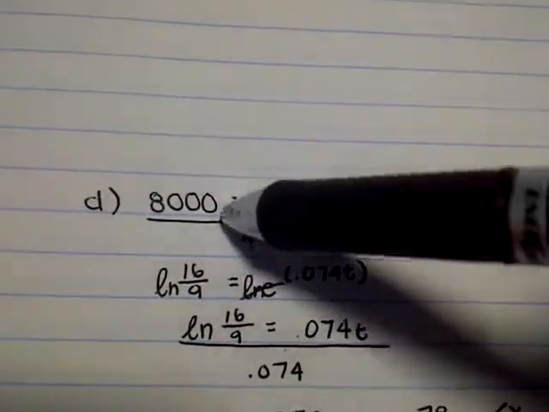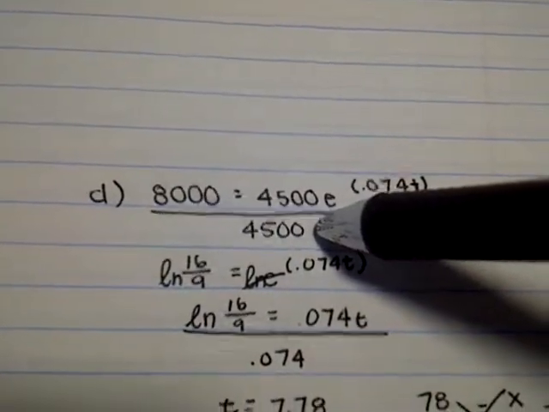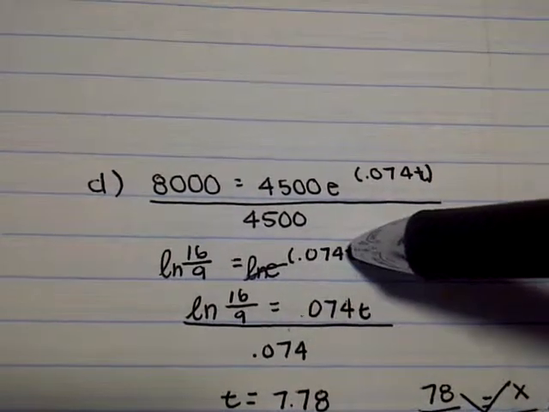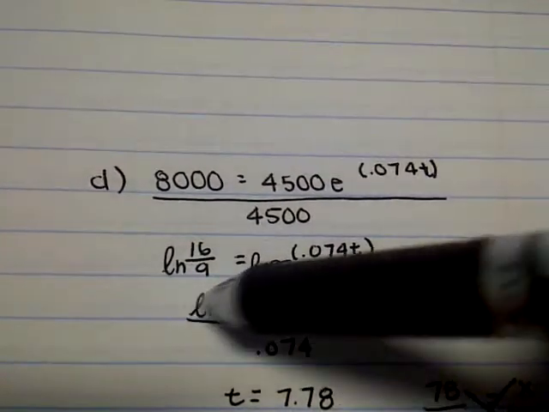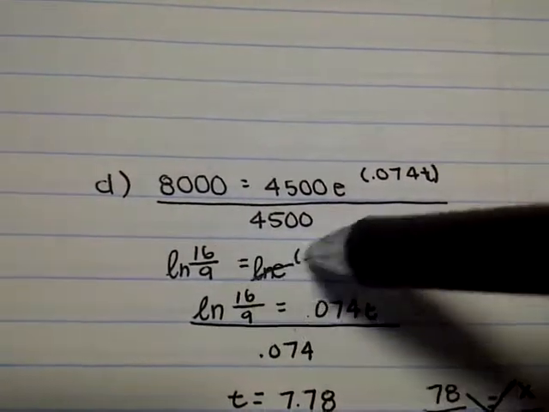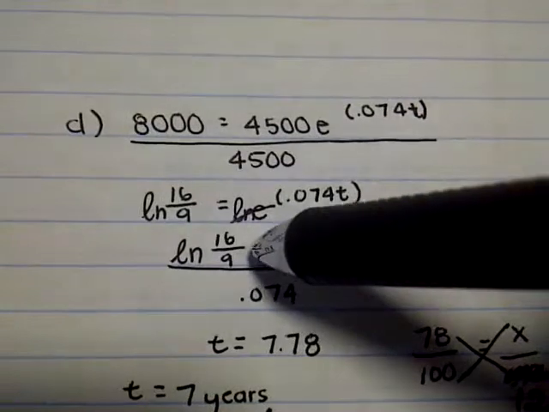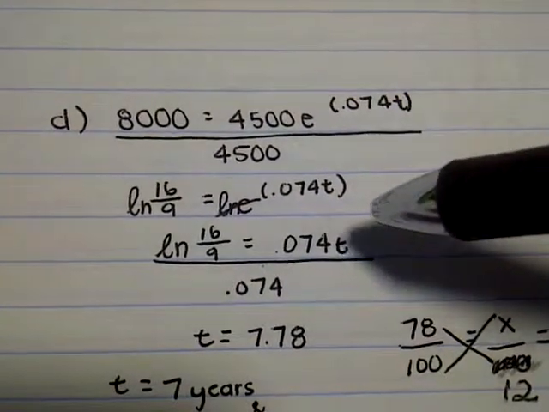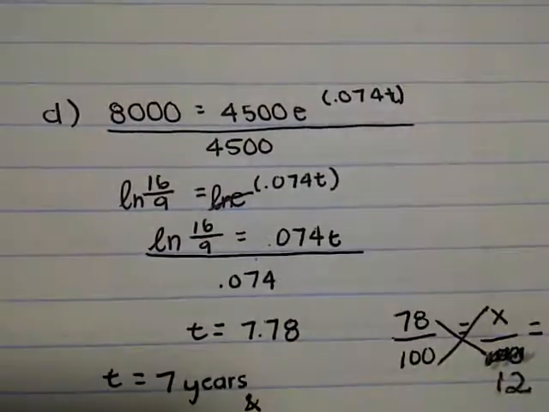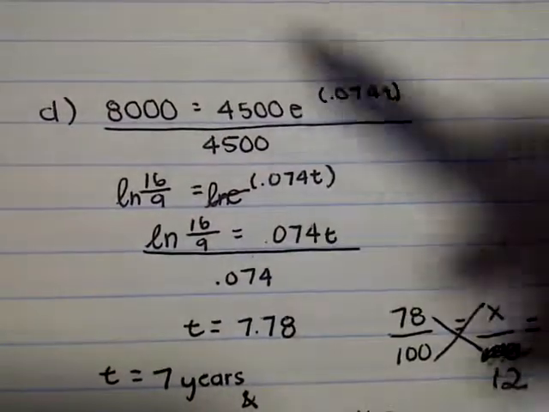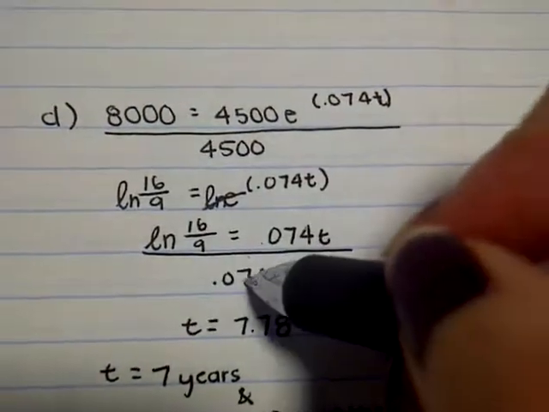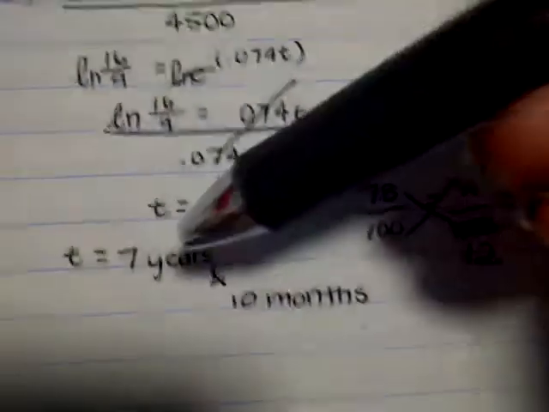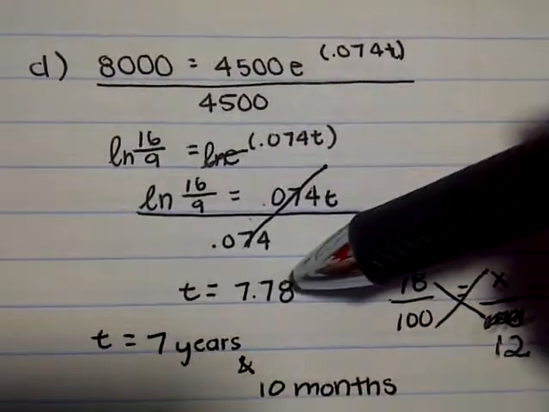You divide 8,000 by this number, and you should get 16 over 9 equals e to the 0.074 t. You take the natural log of both sides to get rid of the e, and you should be left with ln 16 over 9 equals 0.074 t. You divide by 0.074 on both sides, and this cancels out, and you should be left with t equals 0.78.